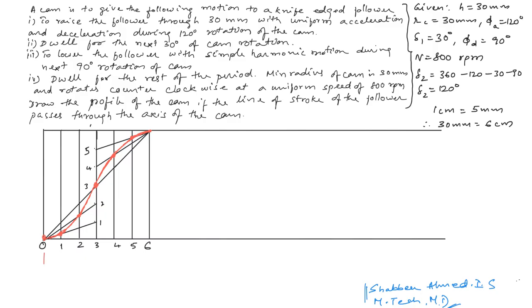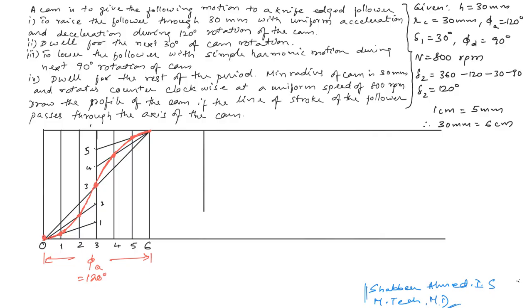So this is angle phi a, that is the angle of ascent, and that is equal to 120 degrees. So that is over. Now leave a little gap for the dwell.